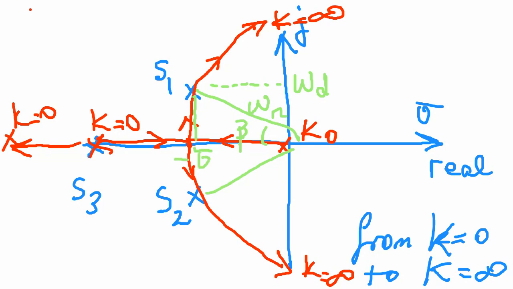You know that poles should be minus sigma plus and minus j omega d, S12.